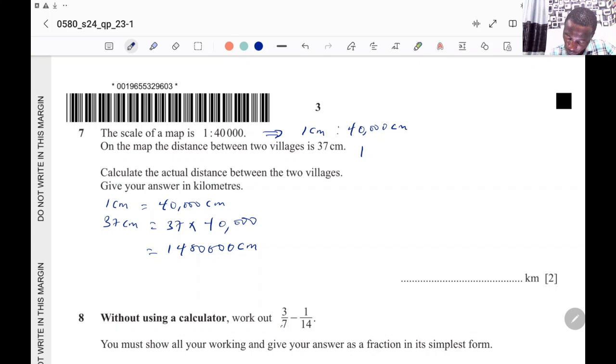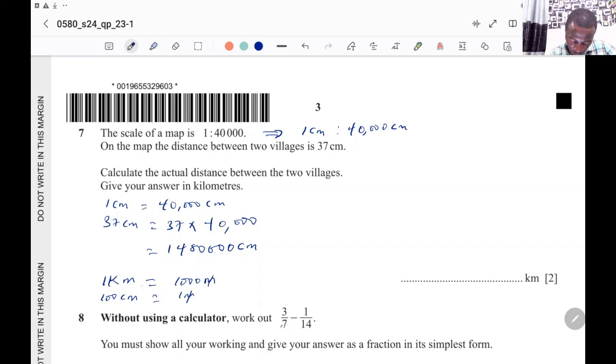We already know that 1 kilometer is equal to 1,000 meter, because the word kilo means 1,000. And of course, we also know that 100 centimeter is equal to 1 meter.